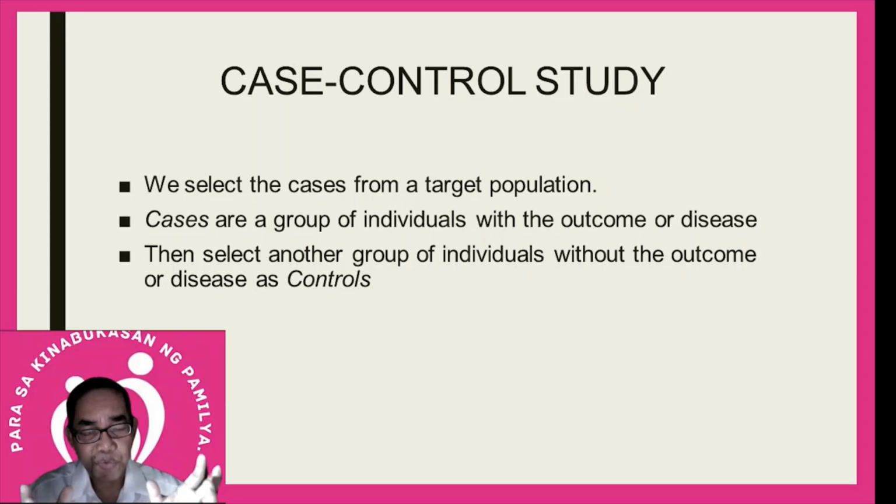So as we said, I don't know if I emphasized this to you, that in a research, when we talk of case, we mean the disease. So cases are a group of people with the outcome or with the disease. People who have the disease are called cases. And then select another group of individuals without the outcome, we call them controls.